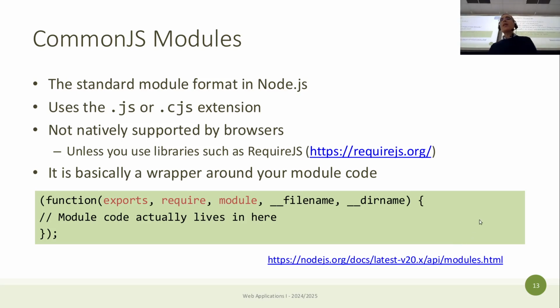Okay, just a couple of words about common JS modules, so the Node.js format. Okay, unfortunately, they are not natively supported by browsers, and so this is just for Node. And basically, what did they do? I mean, in Node, they took advantage of the fact that the functions had a private scope, and basically everything you execute in Node is like being executed into a function that has a set of parameters, exports, require, and module.